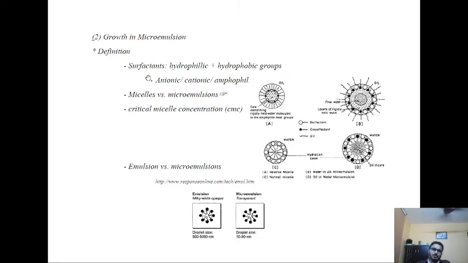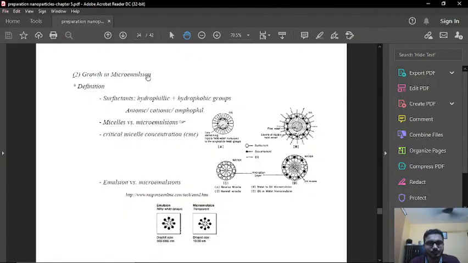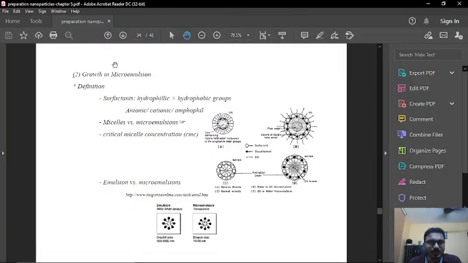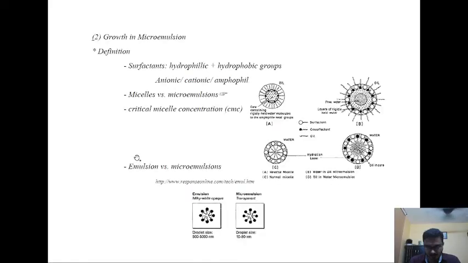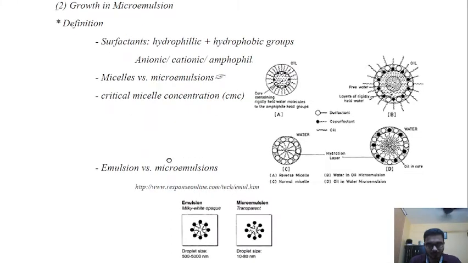Next is the growth in microemulsion. So the definition is: surfactants, that is hydrophilic plus hydrophobic groups, anionic, cationic or amphiphile, and these are micelles versus microemulsions.